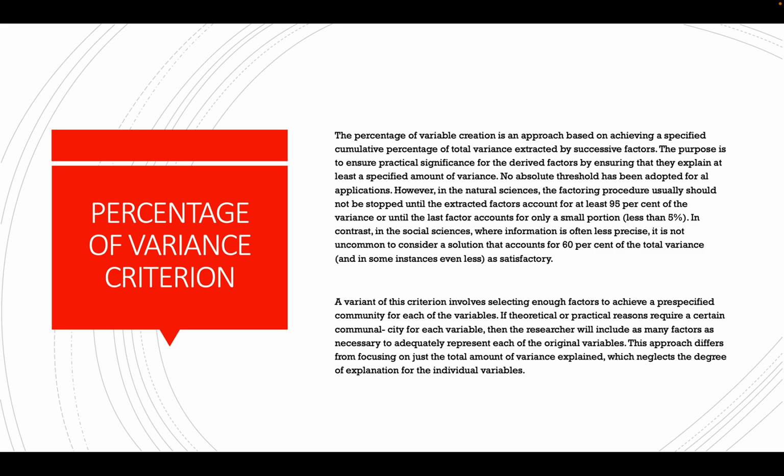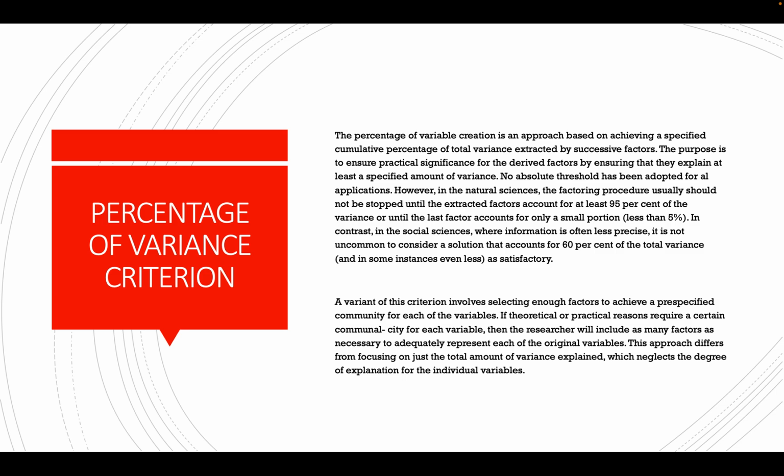In contrast, in the social sciences, where information is often less precise, it is not uncommon to consider a solution that accounts for 60% of the total variance, and in some instances even less, as satisfactory. A variant of this criteria involves selecting enough factors to achieve a pre-specified communality for each of the variables.